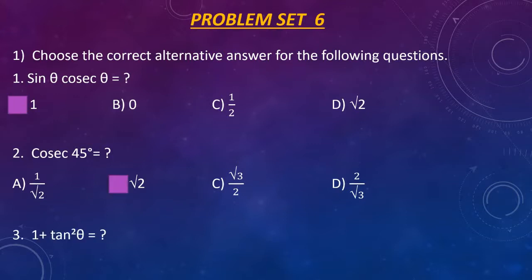Third, 1 plus tan square theta is equal to question mark. Options are A cot square theta, B cosec square theta, C sec square theta, D tan square theta. So the correct option is option C, sec square theta.